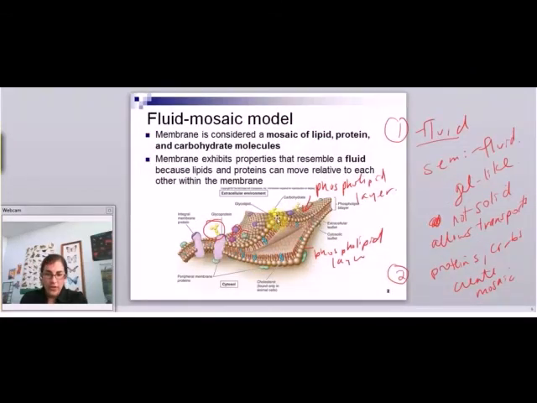Here it is. There's a carbohydrate sticking up off the membrane into the extracellular space. And here's another close-up of that. Here's a protein, and then there's a carbohydrate, which is in yellow, sticking off of the membrane. So the protein part is in the membrane, but the sugar part is sticking off of the membrane.